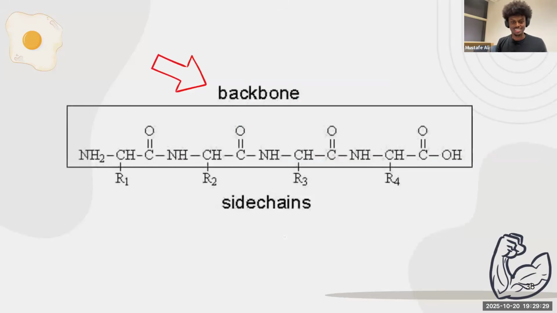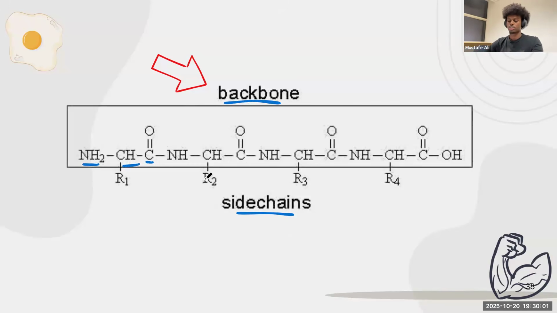Before I get into the structure, I would like to explain another important point. In a polypeptide chain, there are two big groups: the polypeptide backbone and the side chains. The polypeptide backbone, or peptide backbone, consists of the amine groups, the carboxyl groups, the hydrogen, majority of it.